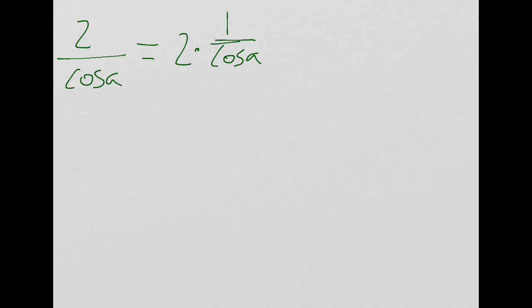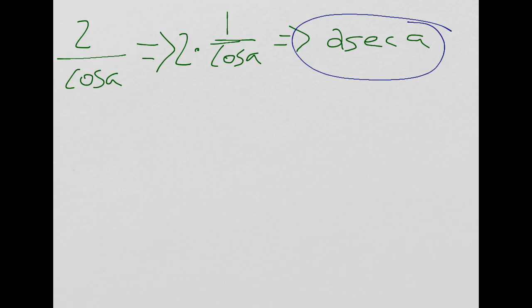If that helps you see it better, that's exactly what this means. 2 over cosine A means the same thing as 2 times 1 over cosine A. How can I rewrite 1 over cosine A? Secant, so it would be 2 times secant A. Is that what I wanted in the beginning? Yes, so that's verified.